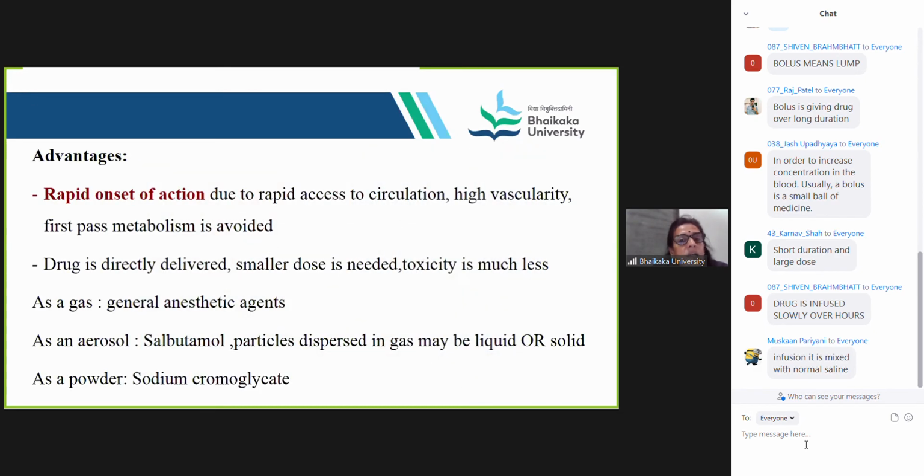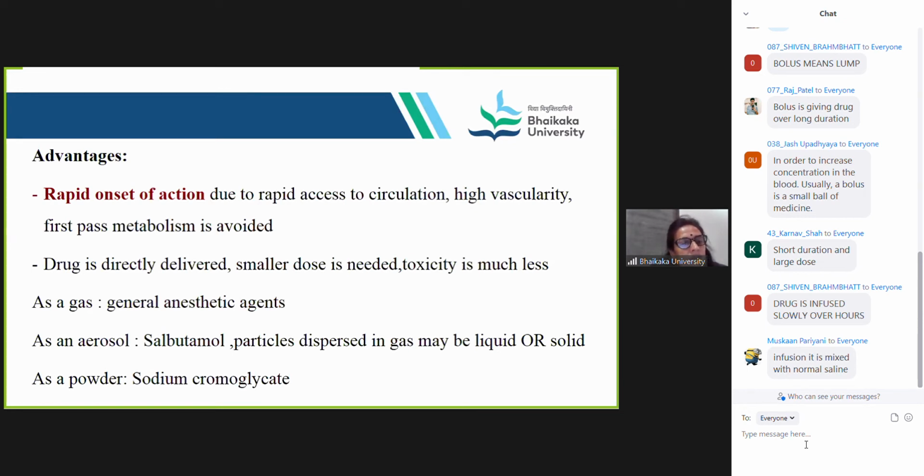The advantages are rapid onset of action and rapid access to the circulation, because of the large area of the lungs and high vascularity. And again, like sublingual, first pass metabolism is avoided. The drug is directly delivered, a smaller dose is needed, so toxicity is much lesser.